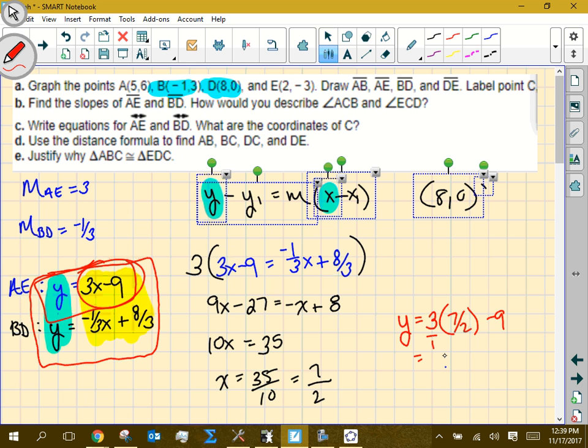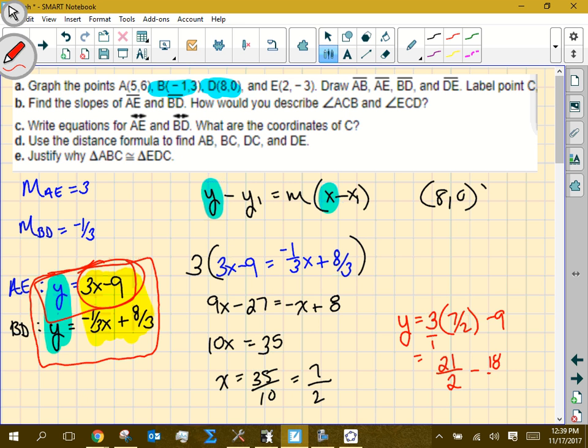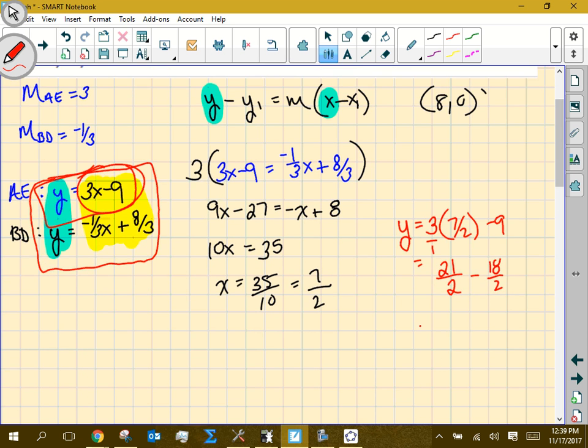Take numerator times numerator, and denominator times denominator, which gives you 21 over 2. Minus then 9. To subtract fractions, I need a common denominator. So is 9 the same thing as 18 over 2? So now what's 21 minus 18? 3. So you get 3 over 2. So my x value was 7/2, and my y value is 3/2.